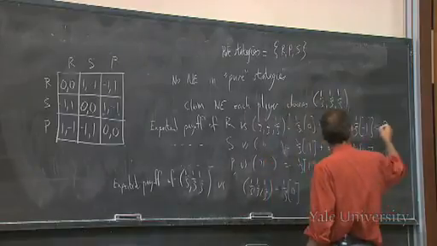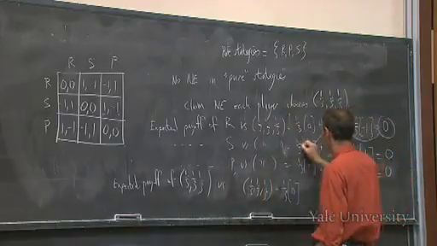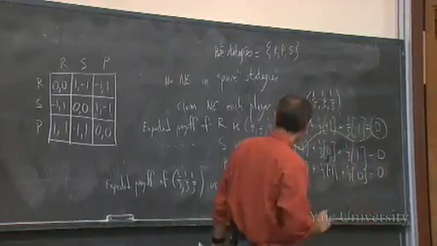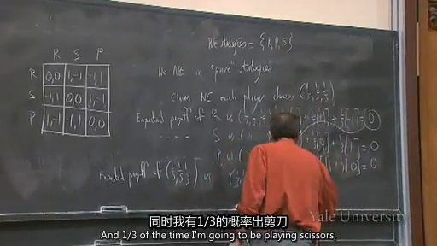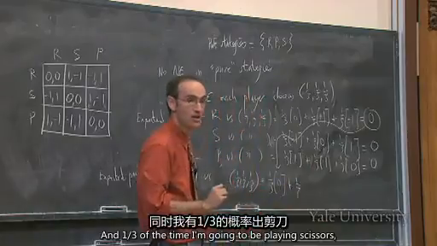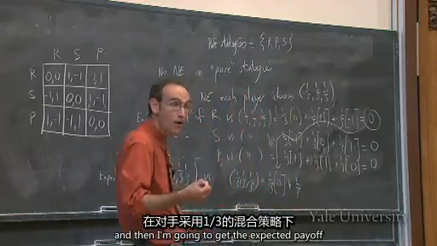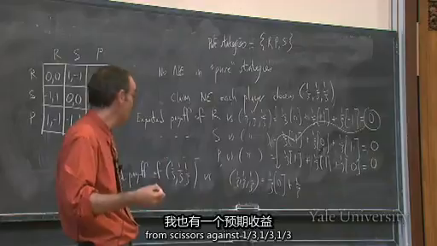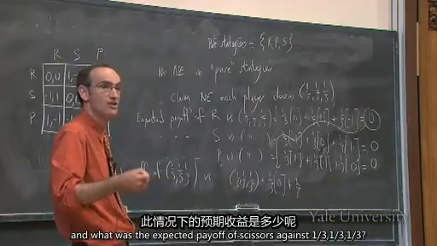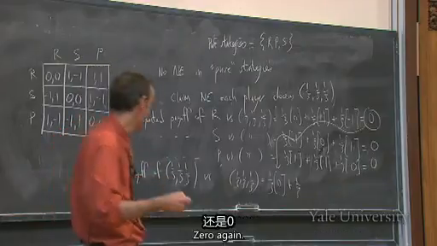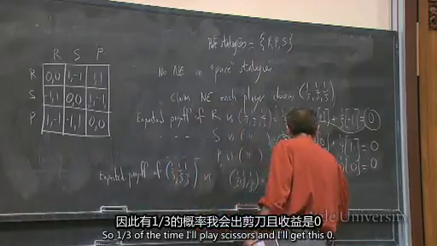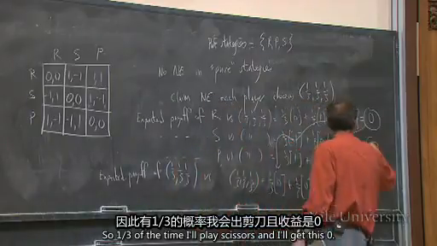I'm wishing I had color. Let me just do it without colors messily. All right? And a third of the time, I'm going to be playing scissors. And then I'm going to get the expected payoff from scissors against a third, a third, a third. And what was the expected payoff of scissors against a third, a third, a third? 0 again. So a third of the time, I'll play scissors, and I'll get this 0.